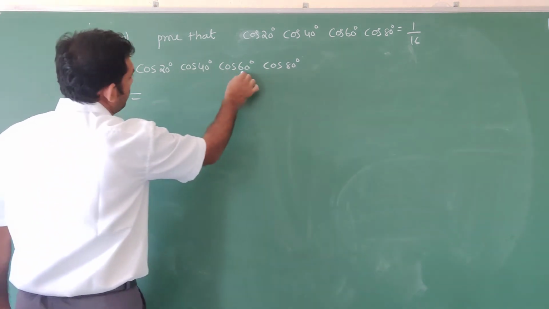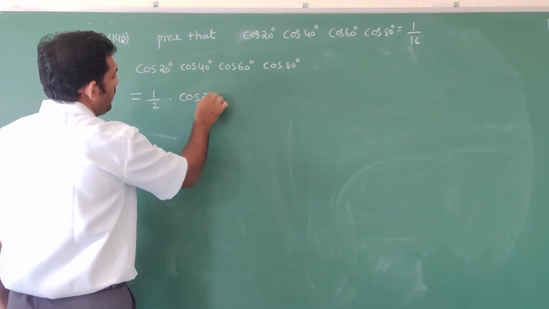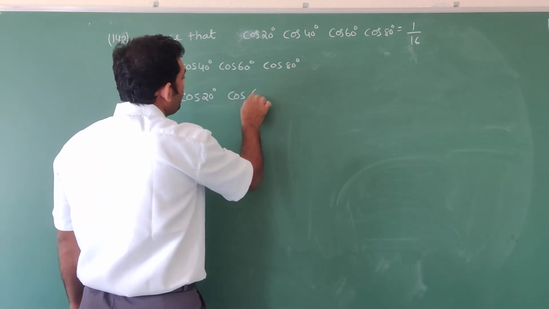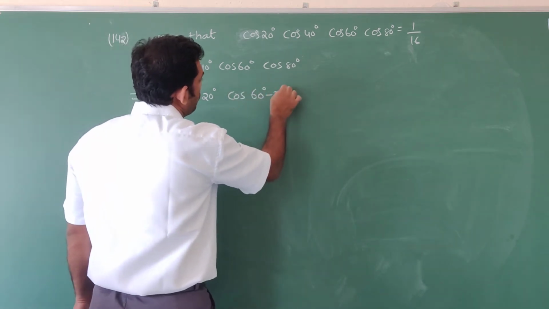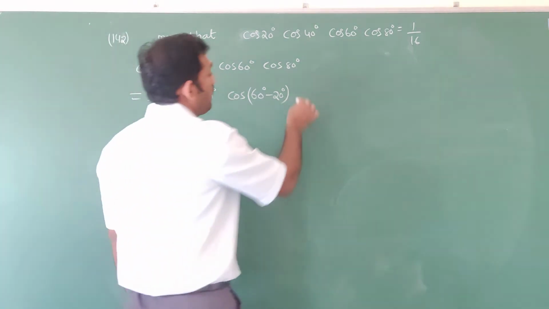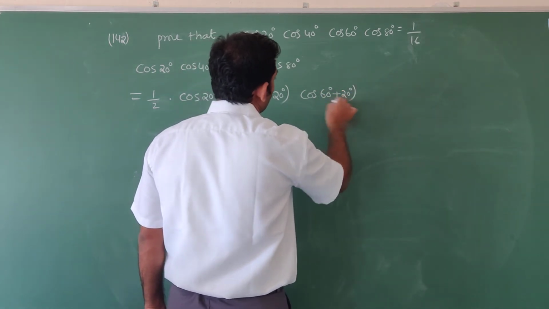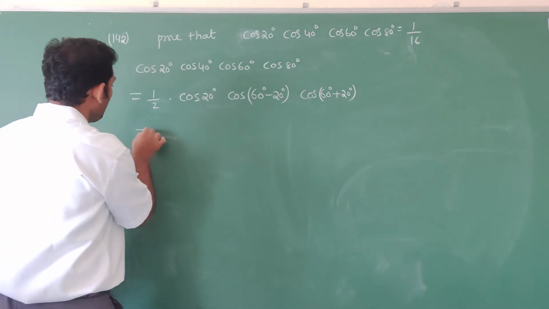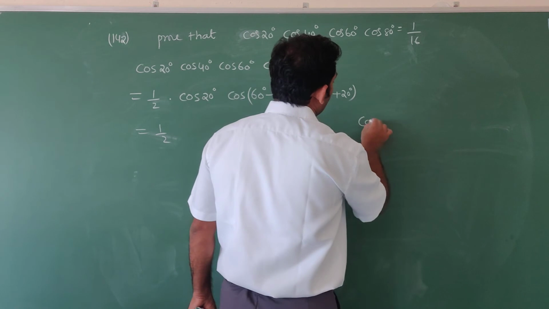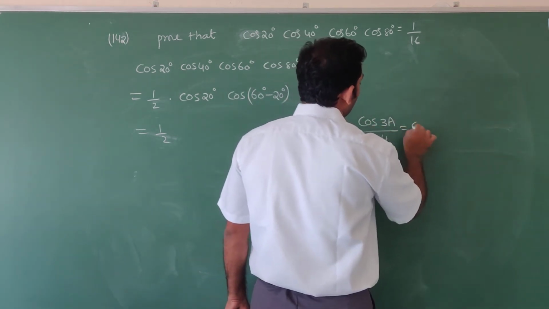So cos 60 degrees value is 1 by 2 into cos 20 degrees; cos 40 can be written as cos(60 degrees minus 20 degrees), and cos 80 degrees can be written as cos(60 plus 20). Then 1 by 2 into this, the formula is cos 3A by 4 equal to cos A cos(60 plus A) cos(60 minus A).